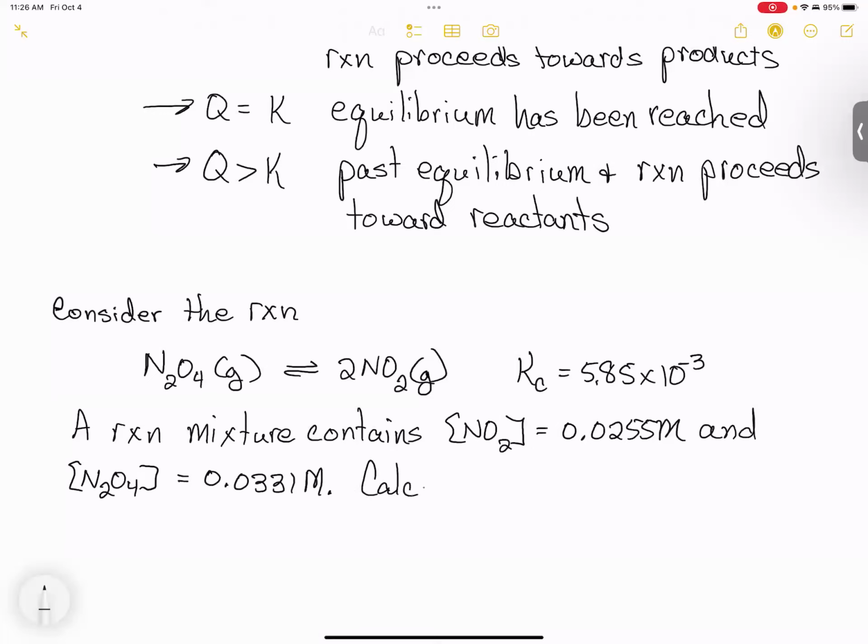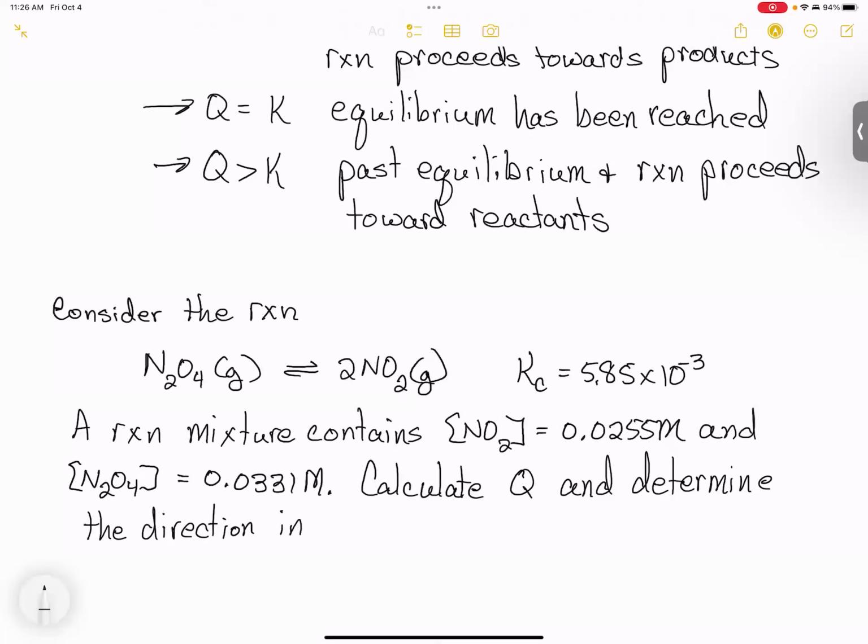Calculate Q and determine the direction in which the reaction will proceed.